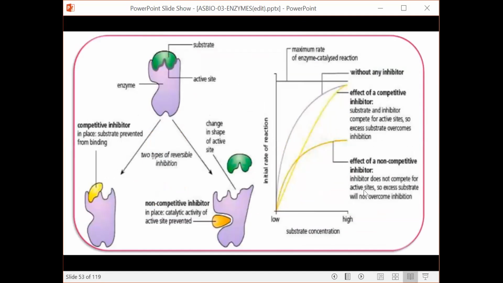Now, this graph represents the effect of competitive and non-competitive inhibitors.